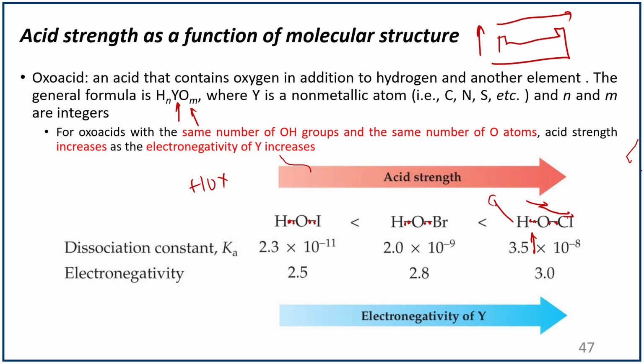Or, in chemistry terms, this bond becomes more polarized. Now, groups like chlorine, bromine, iodine are called in organic chemistry electron withdrawing groups, or EWGs. And basically, that's what they do.